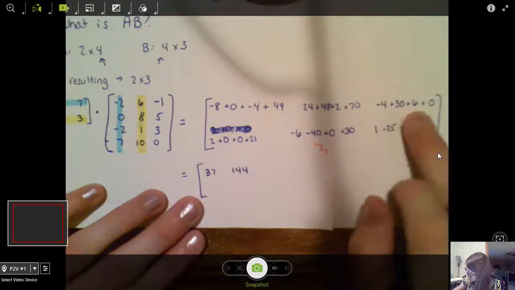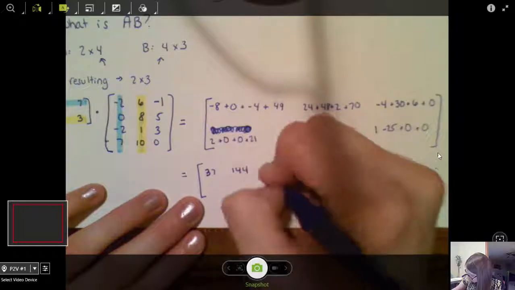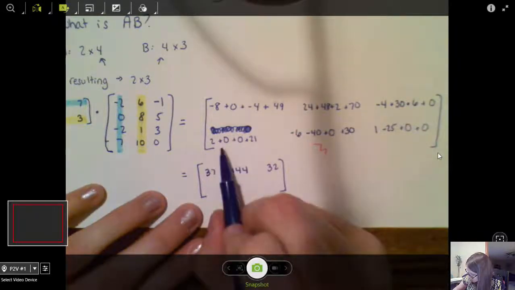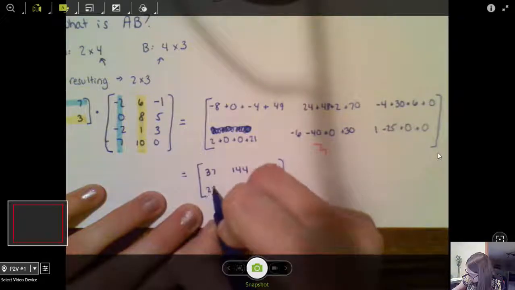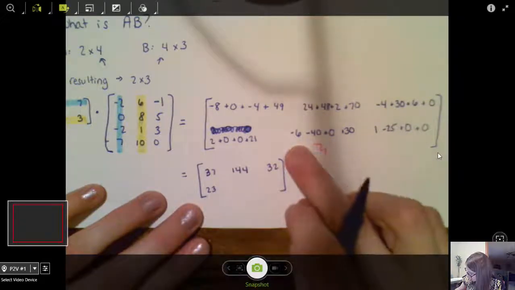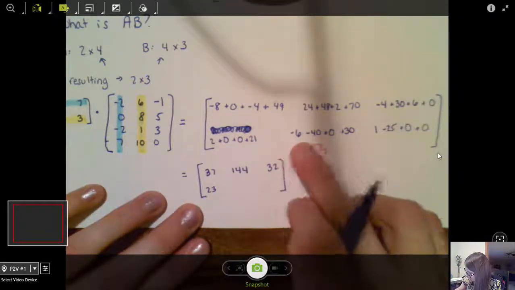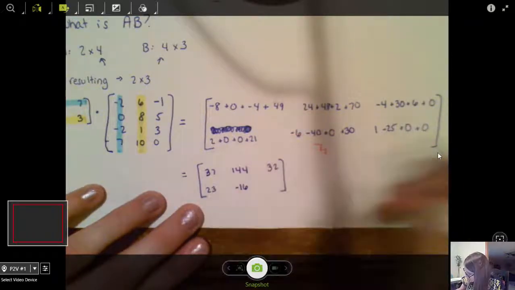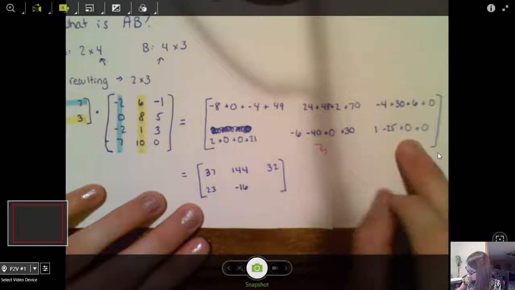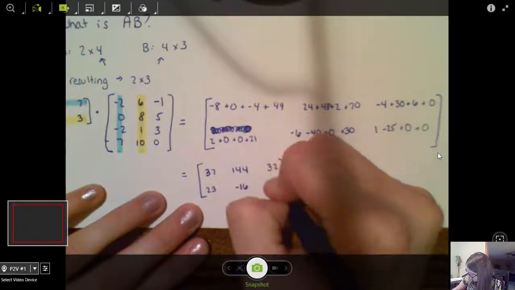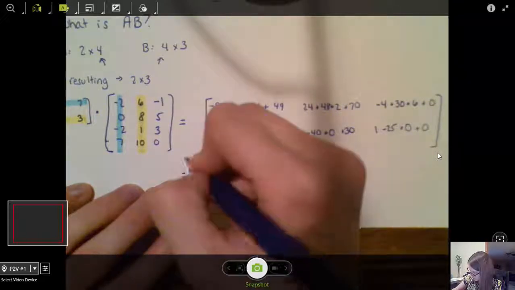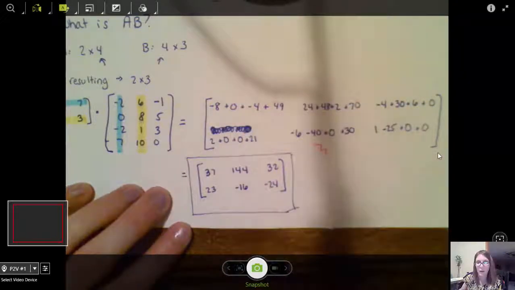Negative 4 plus 30 plus 6 plus 0 is 32. And then 2 plus 0 plus 0 plus 21. Negative 6 minus 40 is negative 46. Plus 30 is negative 16. 1 minus 25 is negative 24. My final answer after all that work is right here.